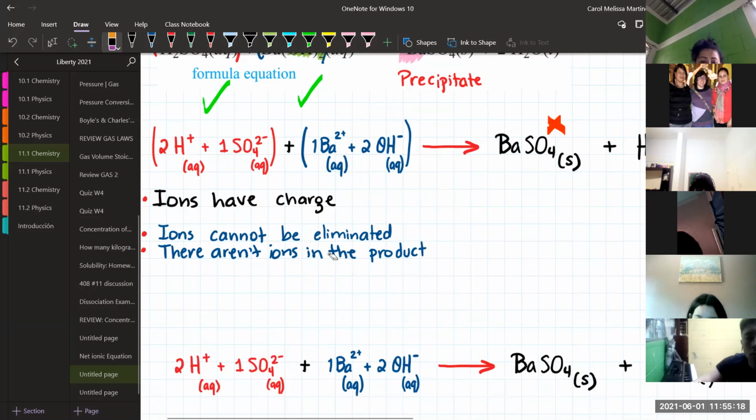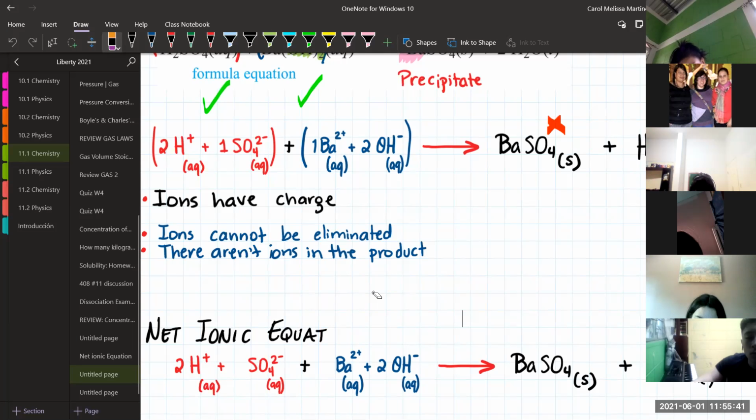You need nothing more than that. You can also get rid of the invisible ones to actually make them invisible, and that will be it. This will be the net ionic equation for this exercise.